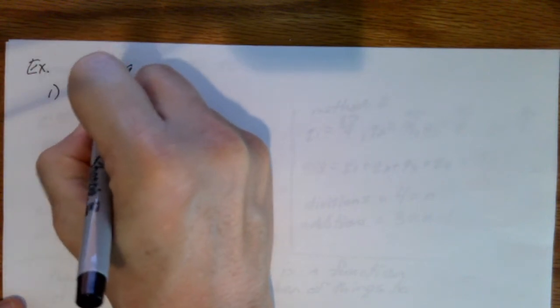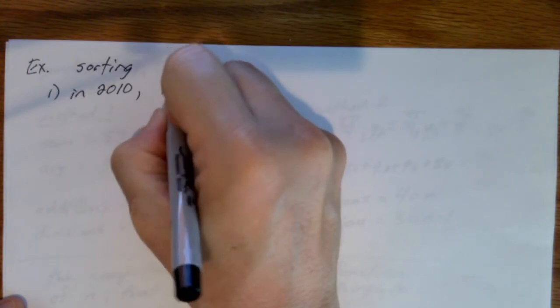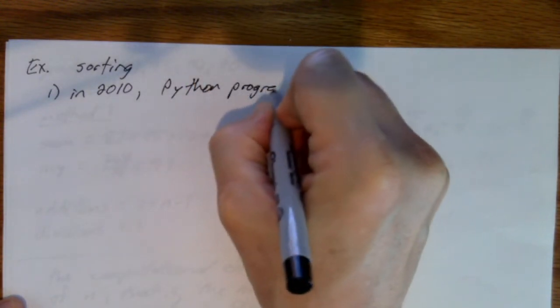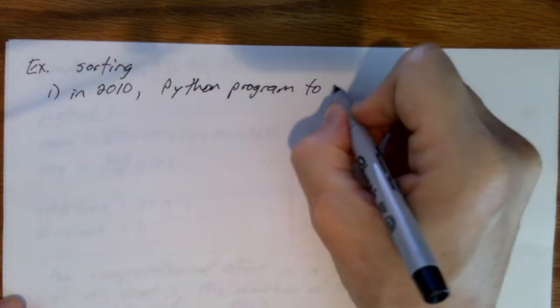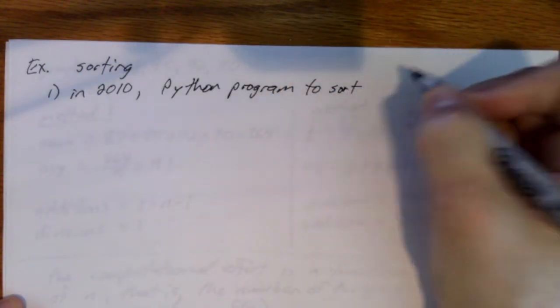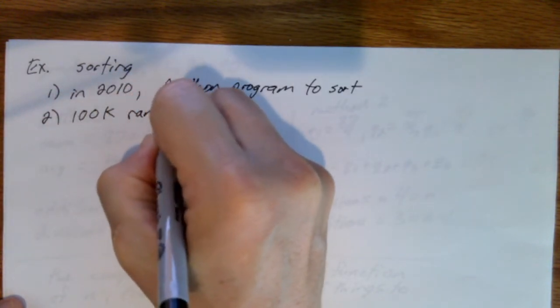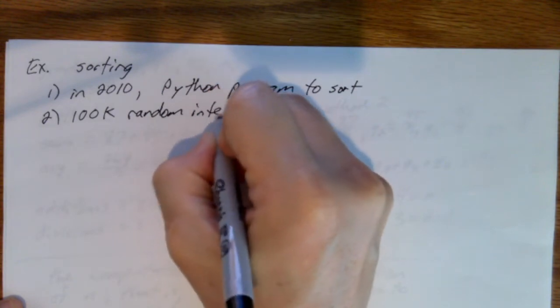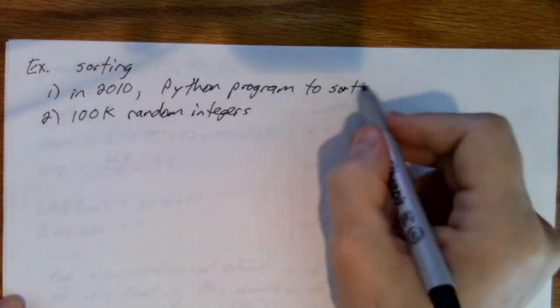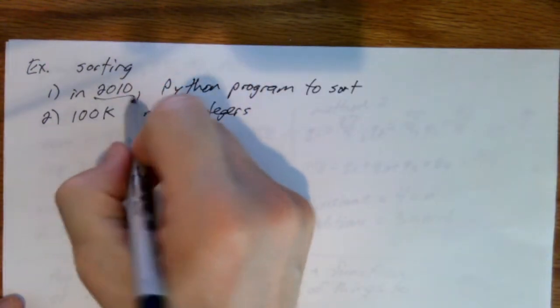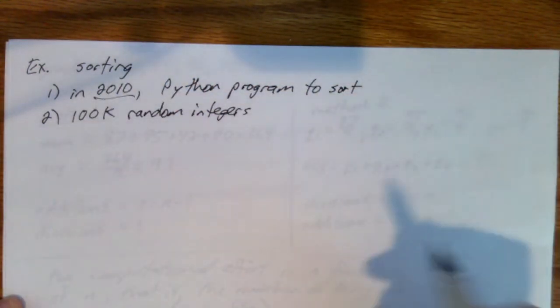In 2010, I wrote a Python program to sort 100,000 random integers. Okay, and I ran this on a laptop that I think was from 2010. That'll be relevant here in a moment. Okay?